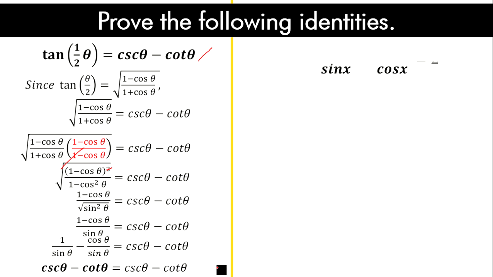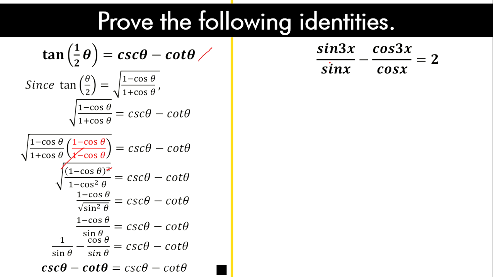Another example, we have here sine 3x over sine x minus cosine 3x over cosine x is equal to 2. So obviously, we'll manipulate the left-hand side here. First, let's find the LCD.